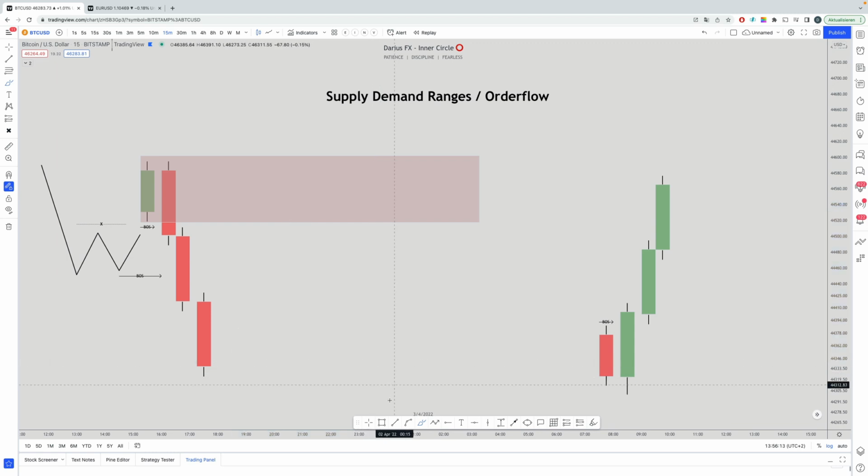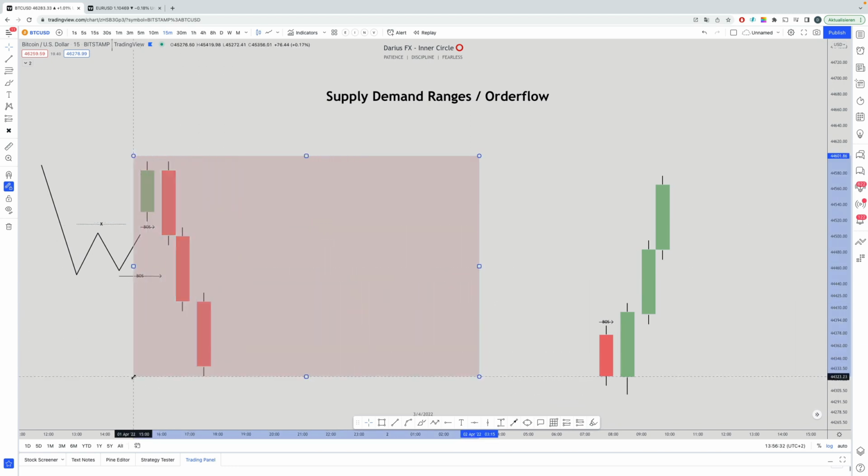Now, what you will see is sometimes price will only move till here and then it will drop down. Now, that doesn't mean right now that the price did not mitigate the supply zone. In fact, it did, because you can view this whole supply zone as a supply range.